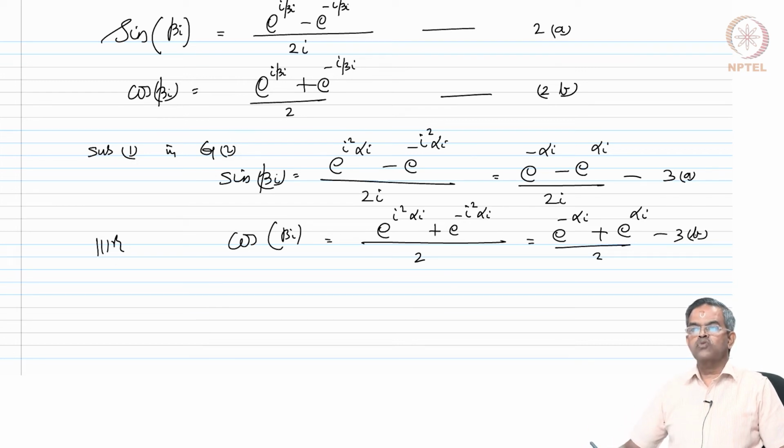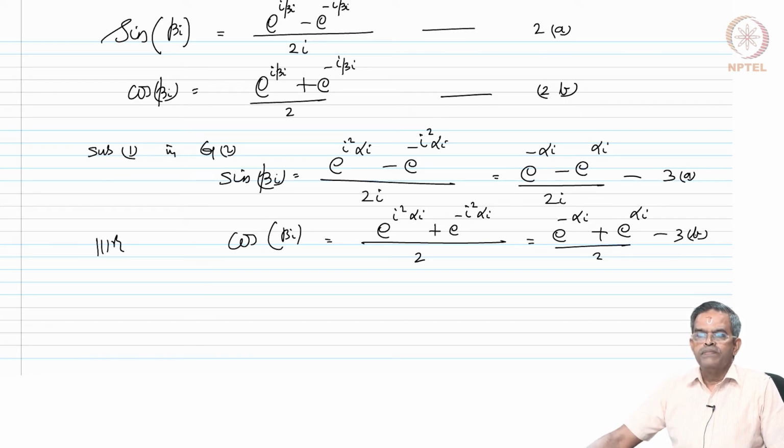So, the equations 2a and 2b got refined to 3a and 3b by substituting equation 1 into them. There is no confusion in this, a straightforward, clear derivation. I hope you understand and follow the steps clearly.